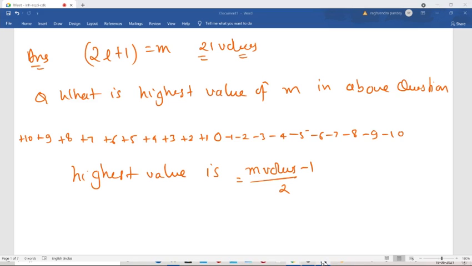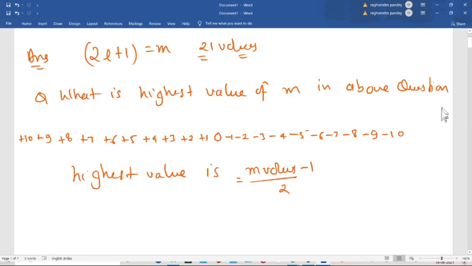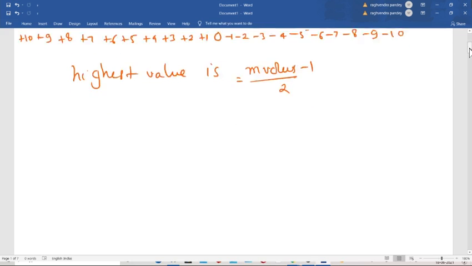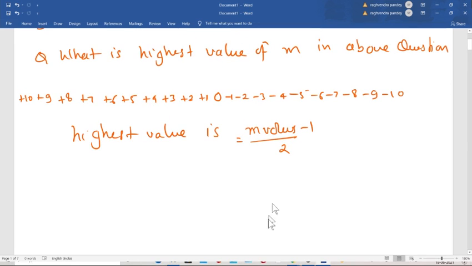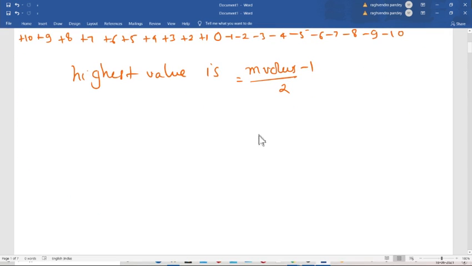Okay, everybody? So this is the M values and all these things. This thing you have to remember.